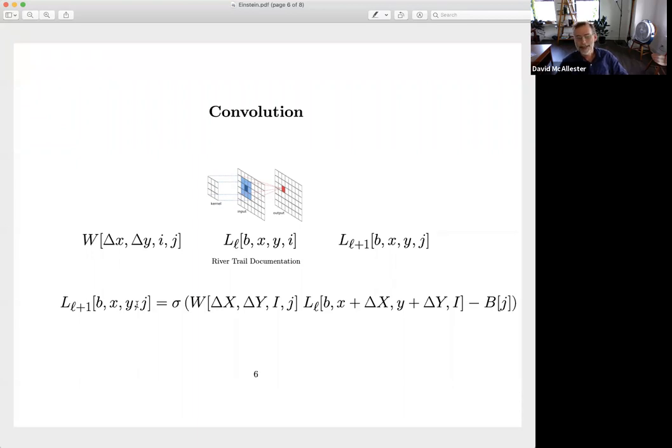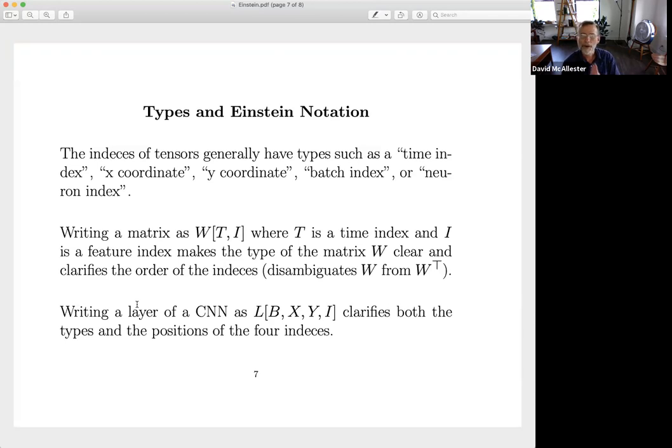I find the Einstein notation much clearer because you don't have to worry about re-representing these as matrices and index-free expressions. One final point about Einstein notation is that when you make all the indices explicit, the indices themselves tend to have types.